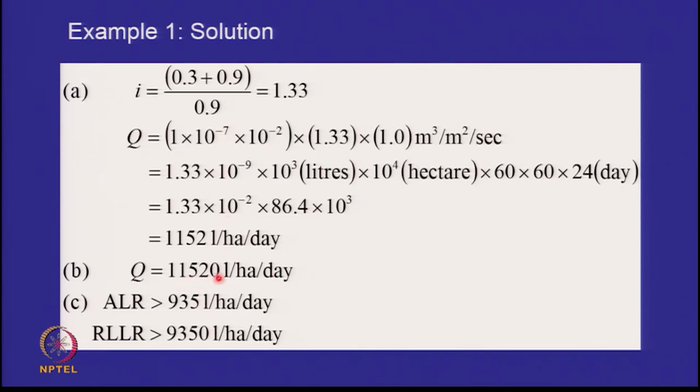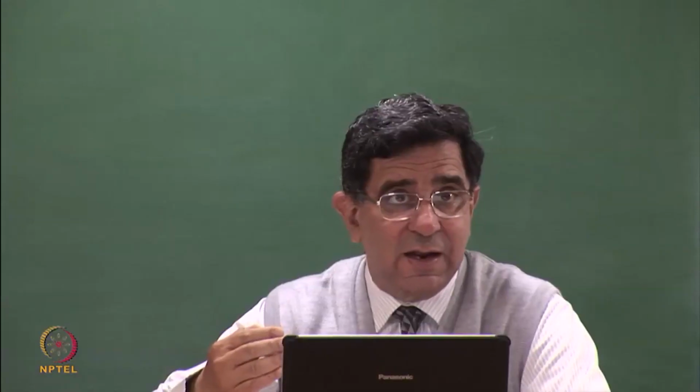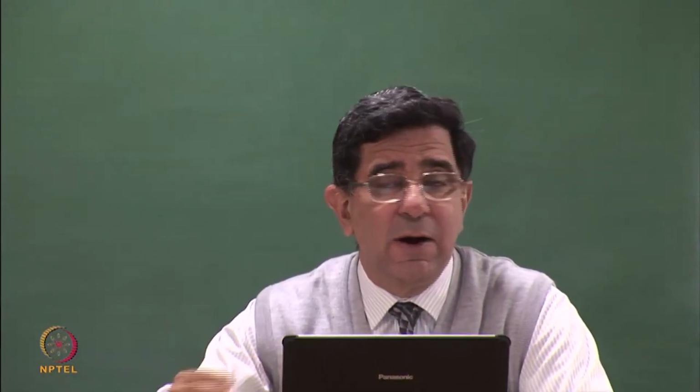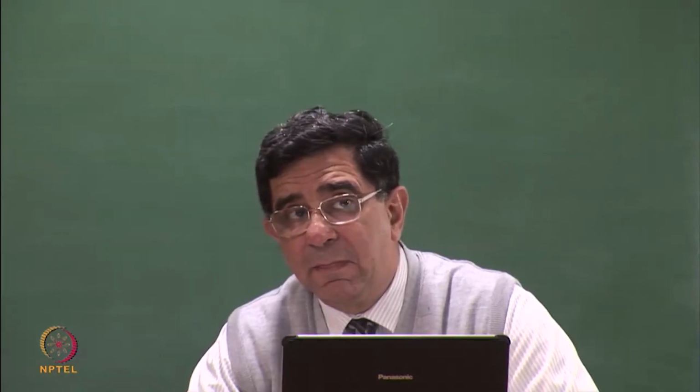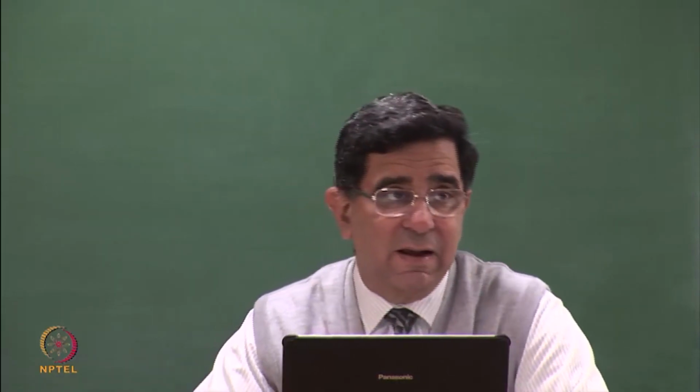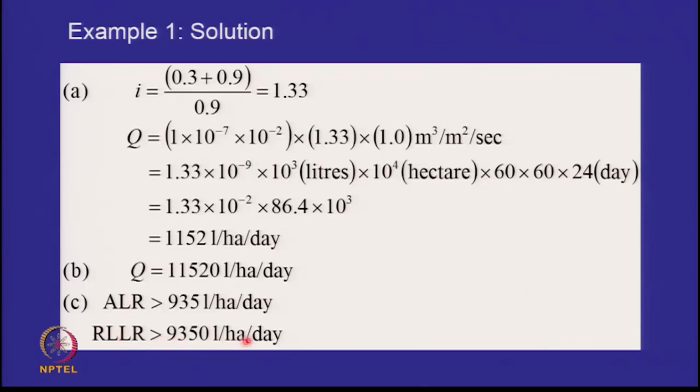Q becomes 11520. That means it has become 10 times what is acceptable. And large leakage rate, if you recall, that was 9350. So this 10 times means that you are having a liner which is not even performing like a 0.9 meter thick compacted clay liner. So that is the basis of fixing up the action leachate rate.